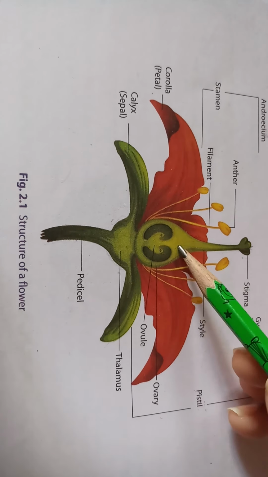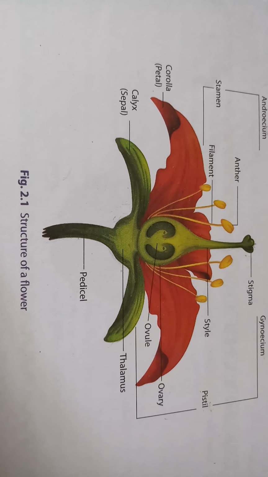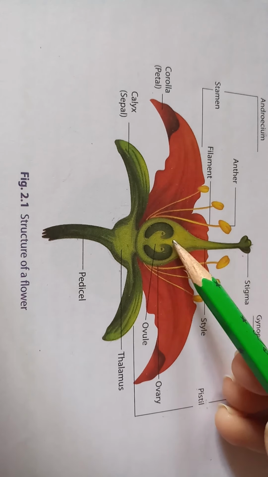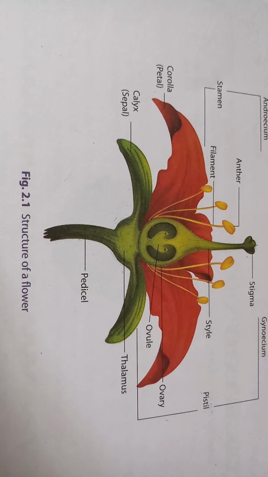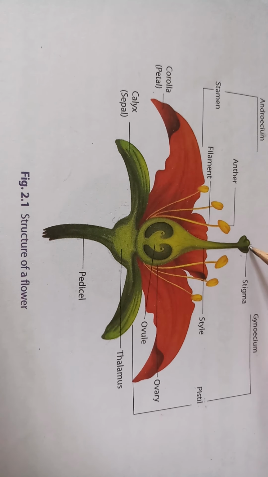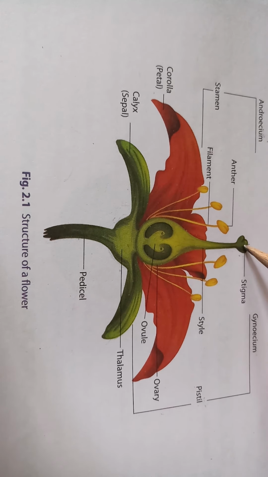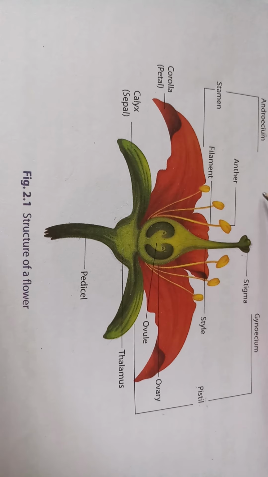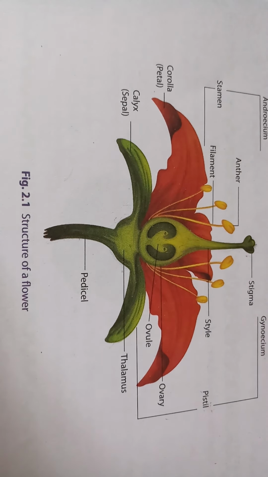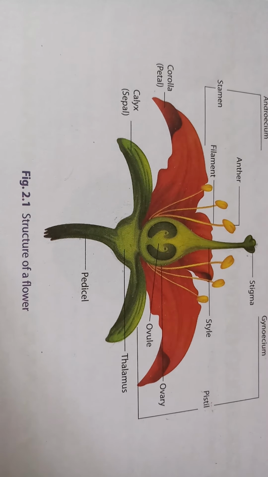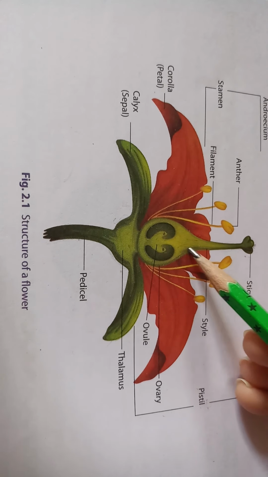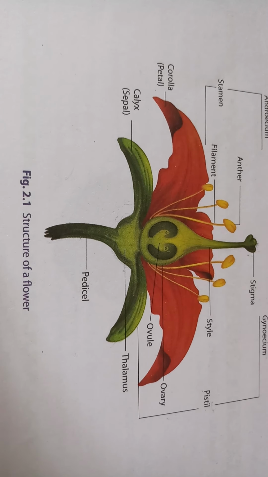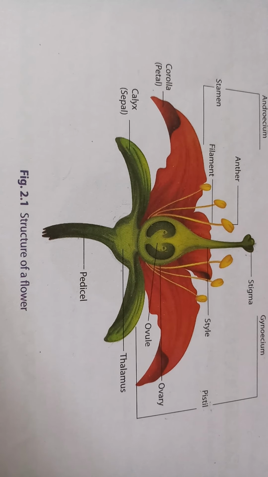Now the style is a long narrow tube which is an extension of the ovary, whereas the stigma is the topmost part of the female reproductive part, and it collects pollen grains. Because it is usually sticky in nature, the pollen grains come and stick to the stigma and then it moves towards the ovary. Okay, these are the four main whorls of a flower.